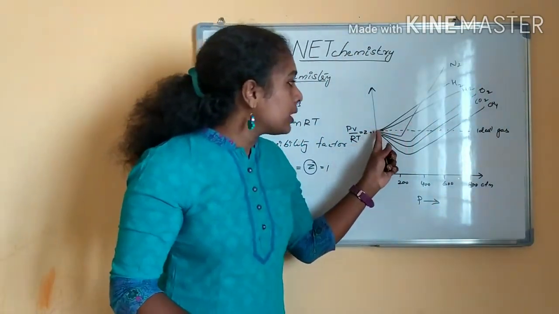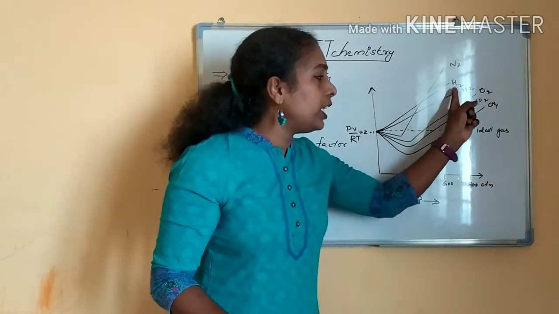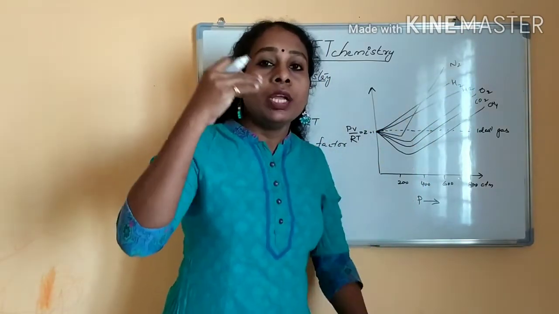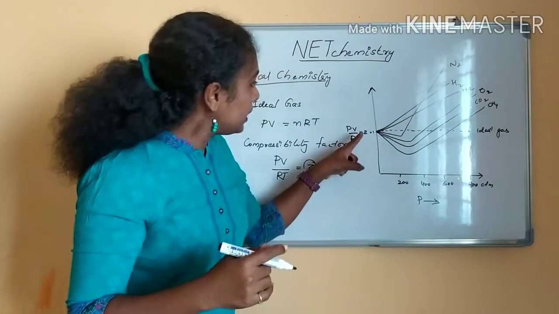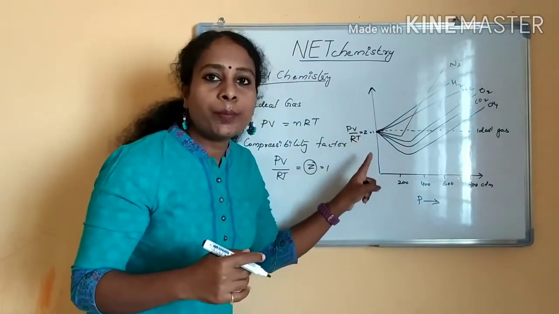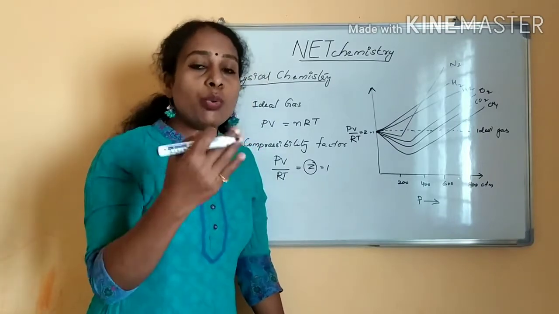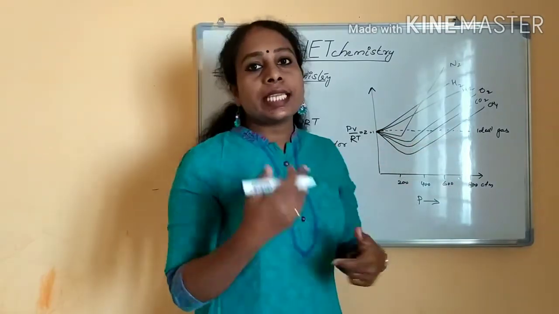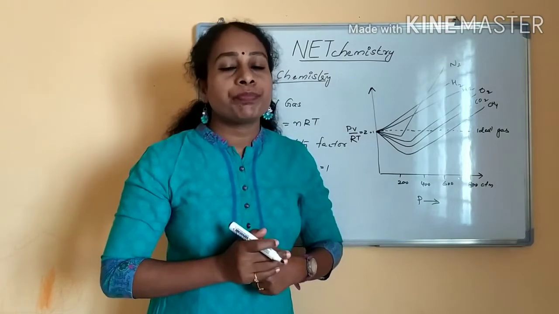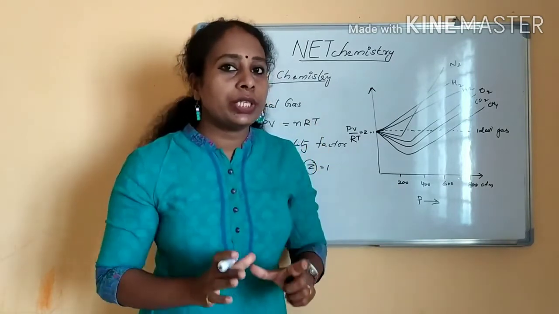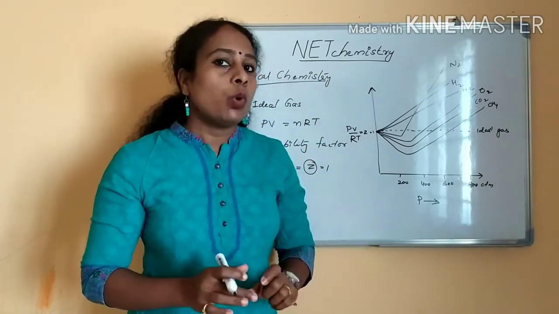And some gases, see hydrogen, helium and others, always have a compressibility factor, the PV by RT value, that is not 1; it is always greater than 1. How is it behaving like this? We will study this real gas behavior using one equation, the van der Waals equation.